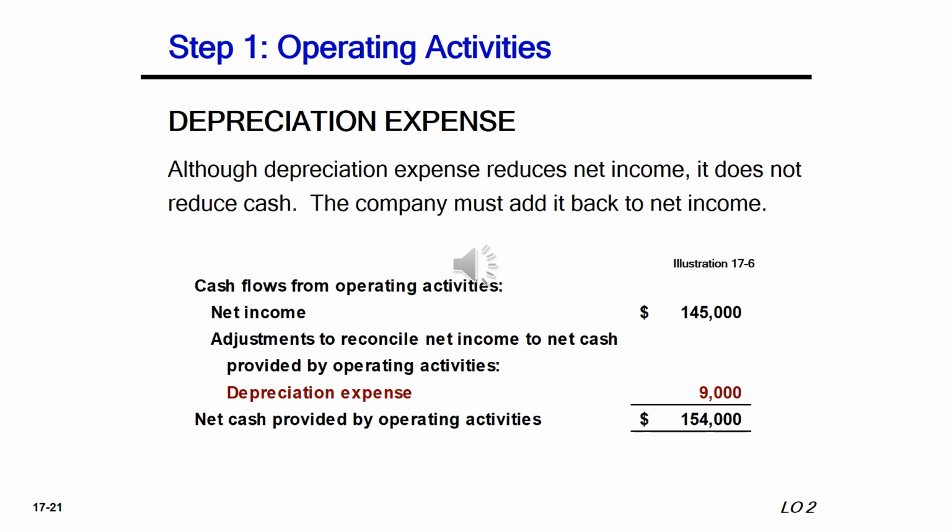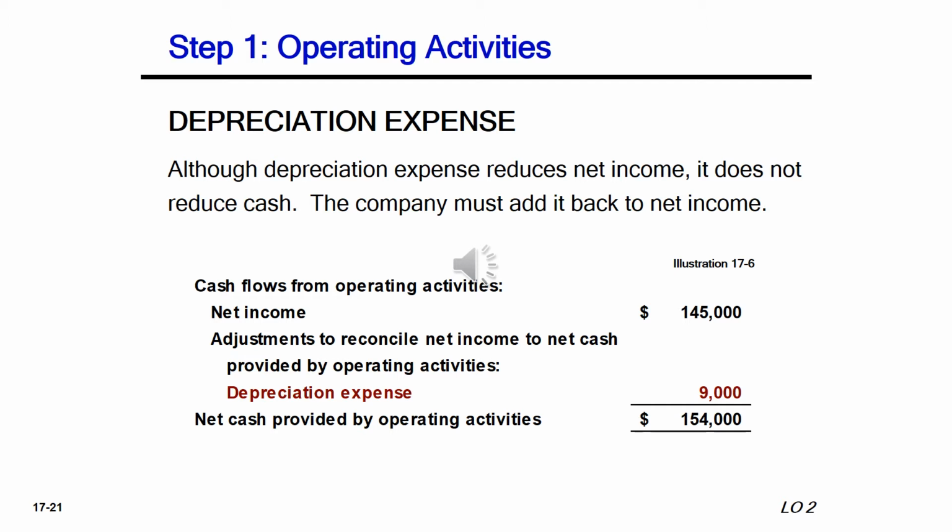So first, let's add back depreciation. Remember, as I mentioned in the previous slide, although depreciation expense reduces net income, it does not have an effect on cash, right? So the company must add it back to their net income. So we'll take the cash flows from operating activities section.